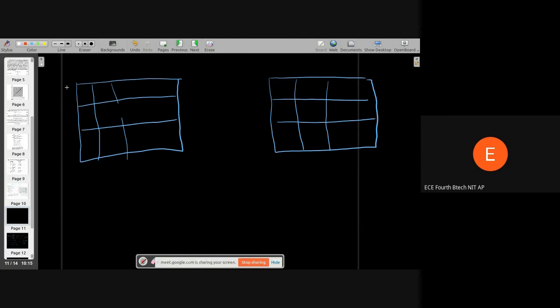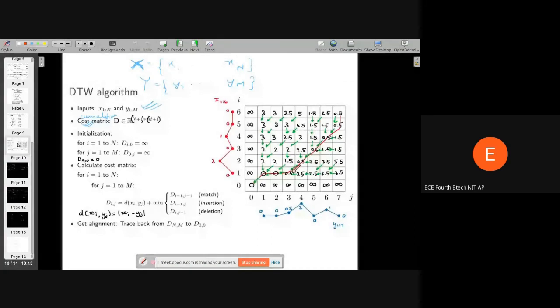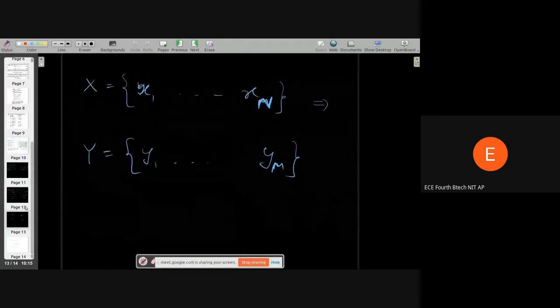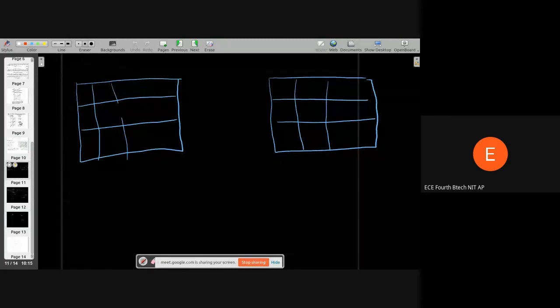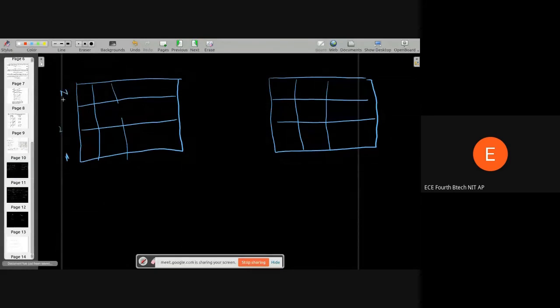So the individual cost matrices here, let me see what they have done. Yeah, so x and y, they have put it like that. So let me put x and y. Let's put 1 2 3 4 up to n, and this is 1 2 up to m.